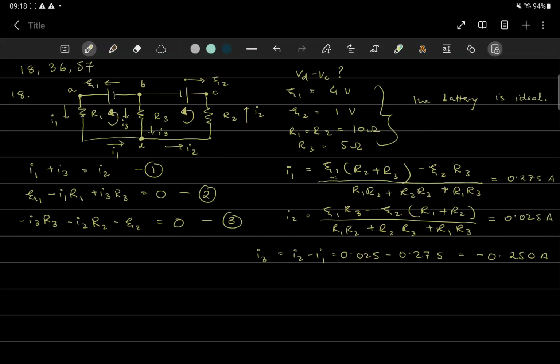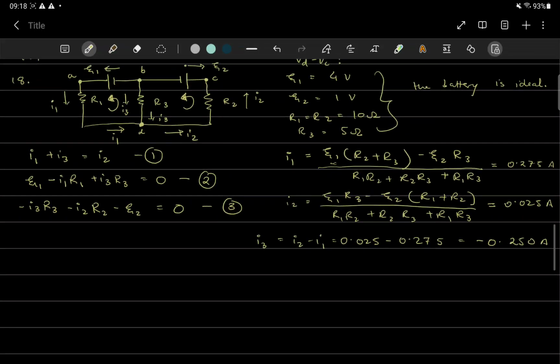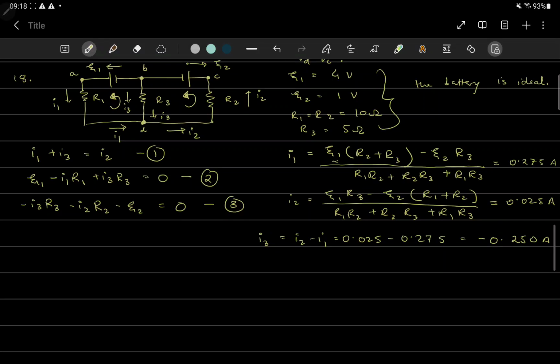So in that case, one example is, let's say I want to go in this direction towards VC. So in that way I can use the loop rule again, and let's say I start from point D, which has a potential of VD, and then you move in this direction towards point C. While I'm going towards point C, I encounter this resistor which will contribute to a potential drop, so minus I2 R2, and then I reach point C, which is equal to VC, right?